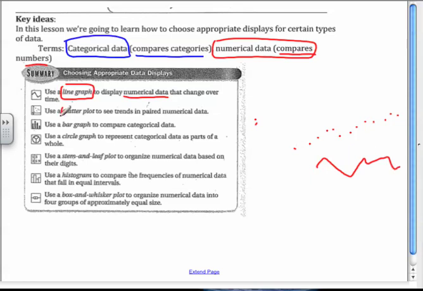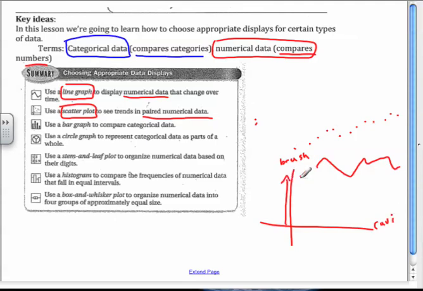A scatter plot we use to see if there are trends in paired numerical data, such as how many times you brush your teeth a week related to how many cavities you might have in your mouth. And think about this, how these two things, let's say this is brushing and this is cavities, right? The more you brush, the less, I'm sorry, let me think about this.